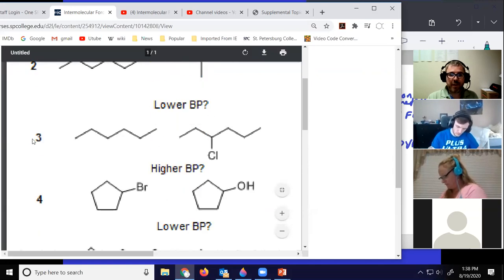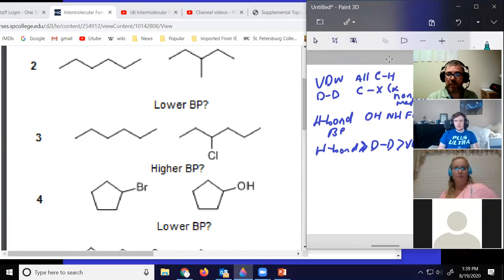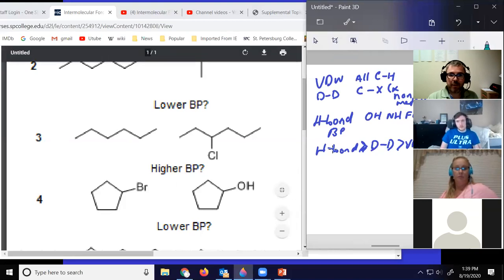So straight chain and branch chain has nothing to do with number 3, but what does is the intermolecular forces. So this one is all CH, so that's going to be van der Waals. This one is CX, so that makes it dipole-dipole.